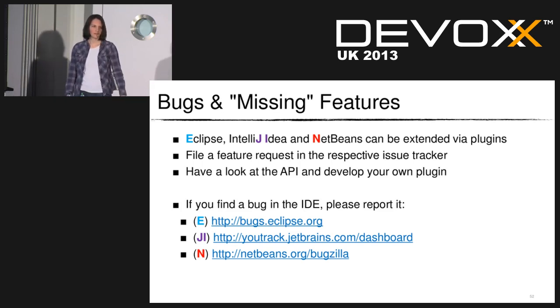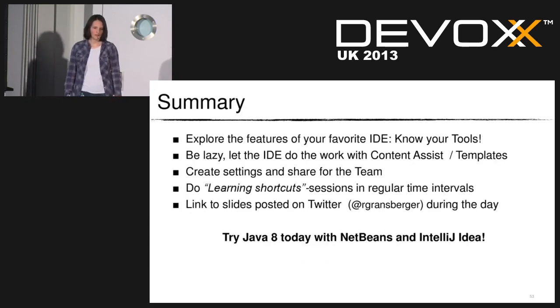Maybe there's a nice little switch, because your IDE comes with some sensible defaults, but they might not be good for you, and so just have a look if there's other possibilities available. And you can also develop your own little plugin in your IDE. If you have some actions which are not available yet, you look at the API and create your own plugin.